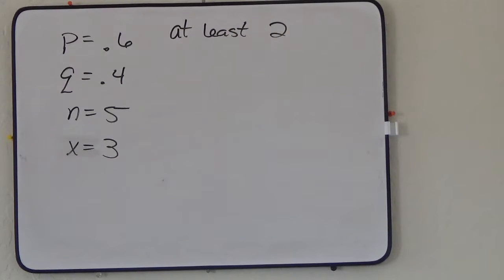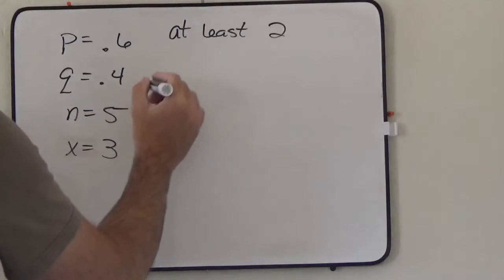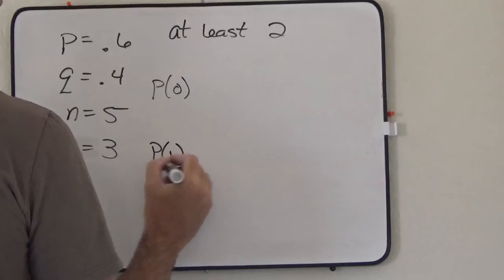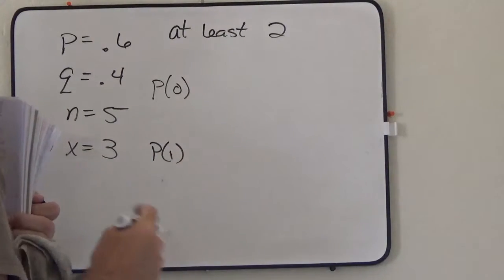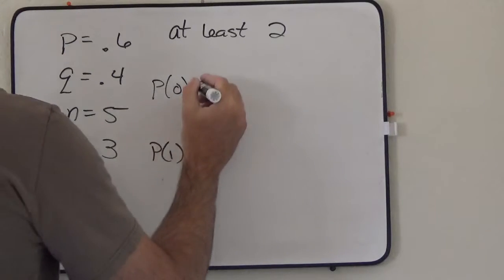I only have to find 2 probabilities that way instead of finding 2, 3, 4, and 5, which are 4 different probabilities. So if it's at least 2, the opposite of that would be 0 or 1. I'm going to find the probability of 0 and the probability of 1, add those together, and then subtract them from 1.